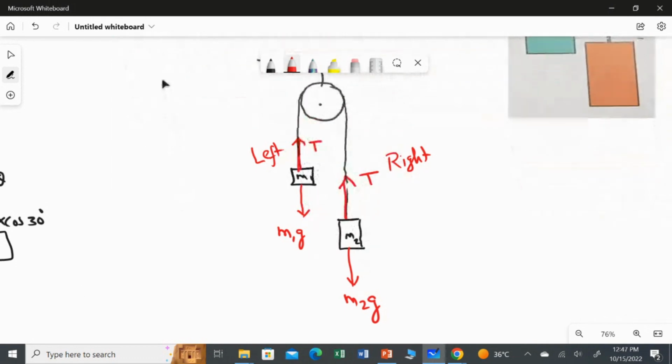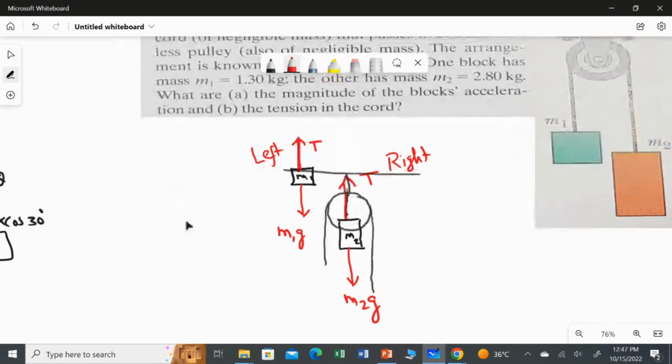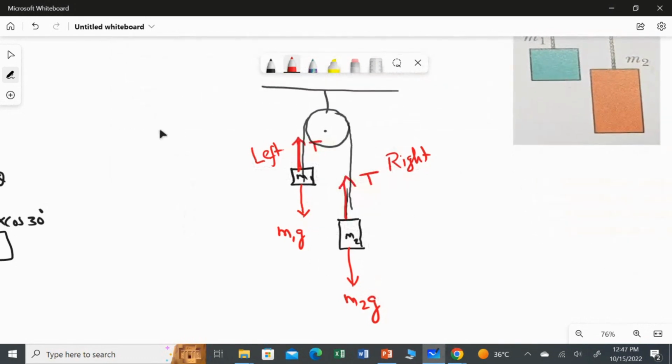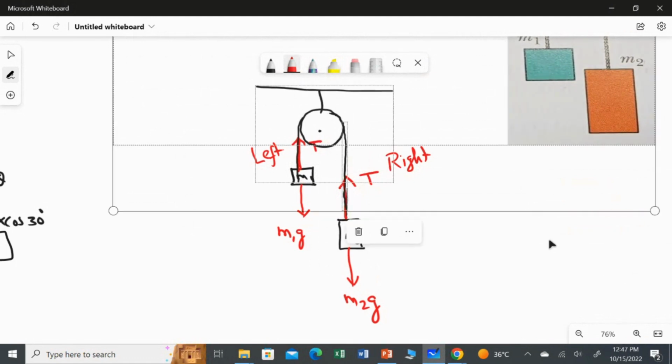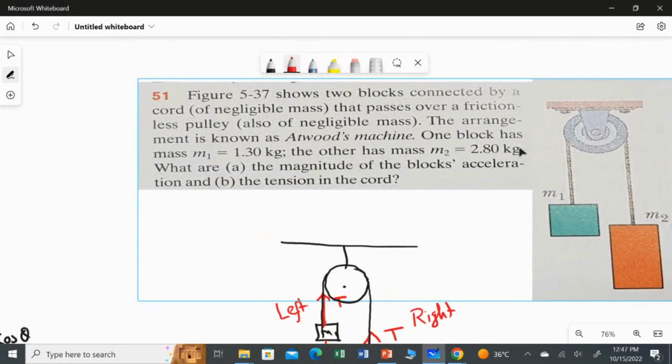Now we are going to find something after we read the question carefully. What's the problem? The figure shows two blocks connected by a cord that passes over a frictionless pulley.